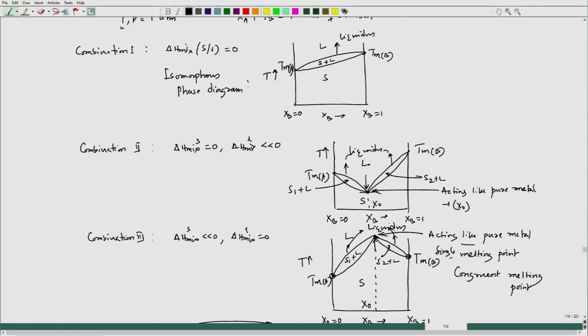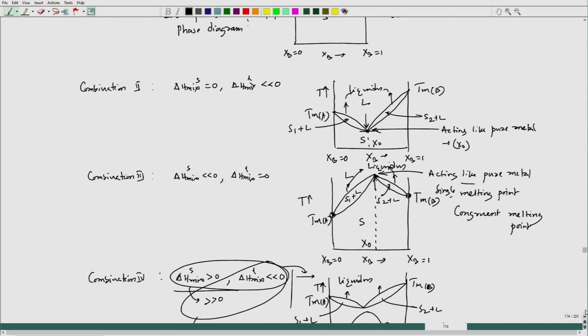Now, in fact, we have a solidus line. This is solidus. The solidus line is indicative of the composition of solid which is in equilibrium with liquid. Here also we can say that these two lines are solidus.